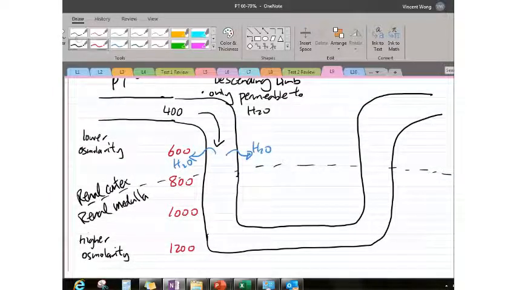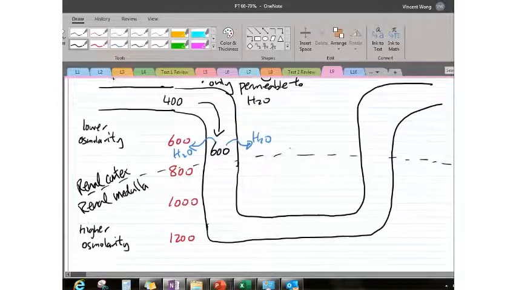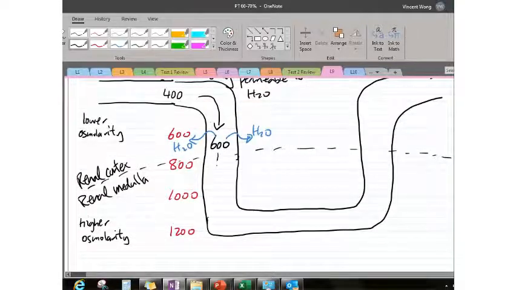After the filtrate comes down, you're going to reabsorb some water, which means your filtrate will now be more concentrated than before. So this is going to be 600. And then when you go down further, the kidney tissue is more concentrated than the filtrate. It's 800 now.